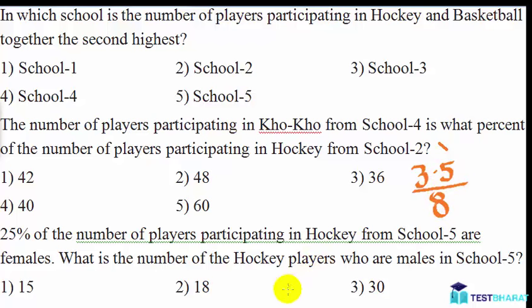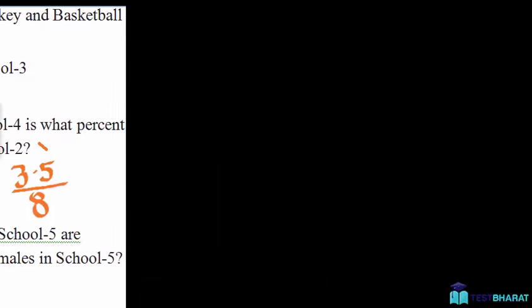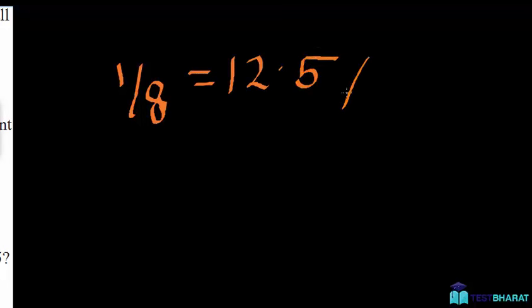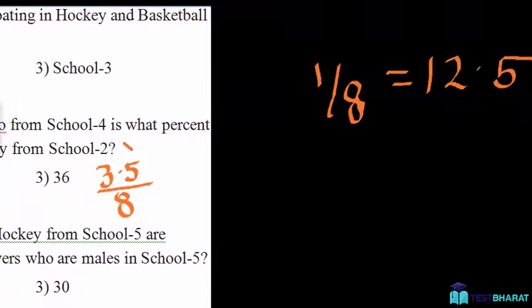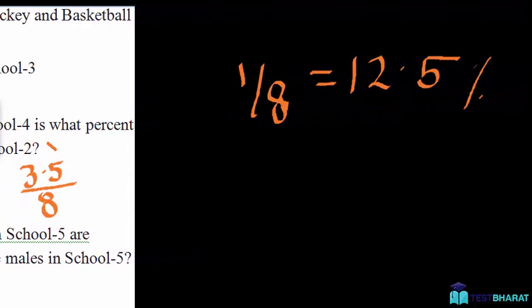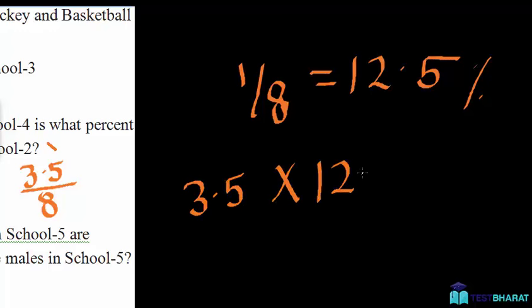Now as I told you to remember fractions, 1 by 8 is 12.5%. Now we have to calculate 3.5 by 8, so we just need to multiply 3.5 into 12.5%.